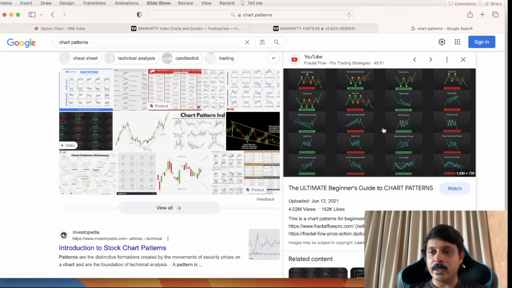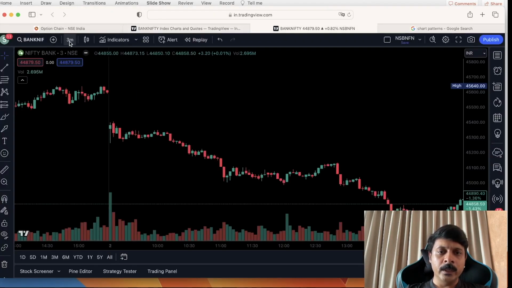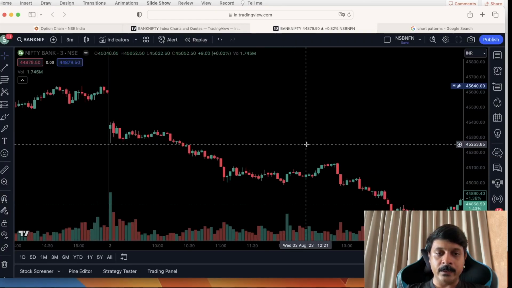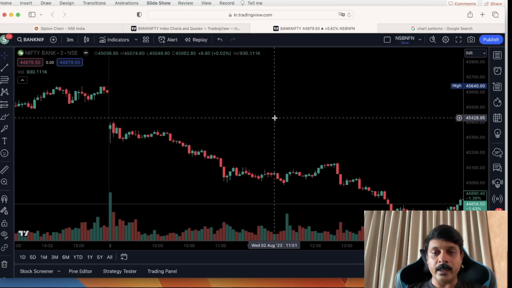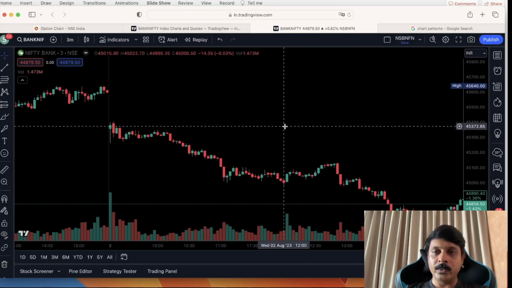And V-shape recovery and A-shape fall, all these are reversal patterns. So these are pretty simple things to understand. And when you look at the live market, it is not too difficult to understand in hindsight, but in the live market it takes a long time to get used to it.